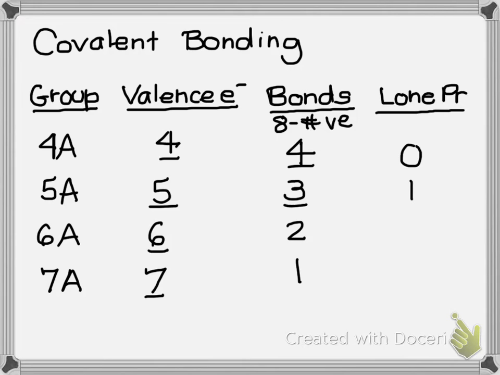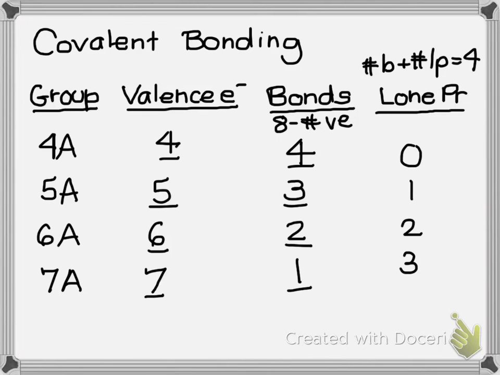So I would need 1 lone pair in order to have 8 electrons around it. The pattern here is your number of bonds plus your number of lone pairs would equal 4. So if I had 2 bonds, which represents 4 electrons, I would need 2 more lone pairs in order to have 8. And if I had 1 bond, I would need a total of 3 lone pairs.